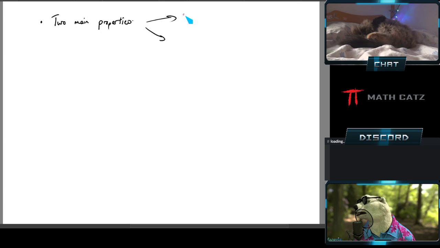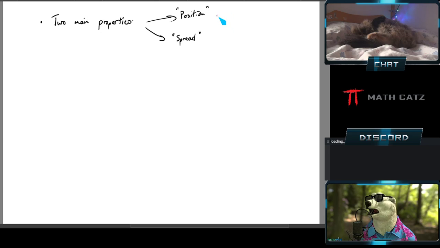We have the position, I'll put this in quotation marks. The position. And we have how the scores are spread out. The position and the spread.